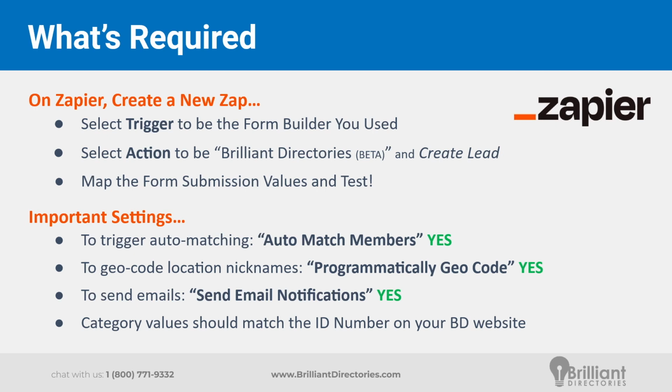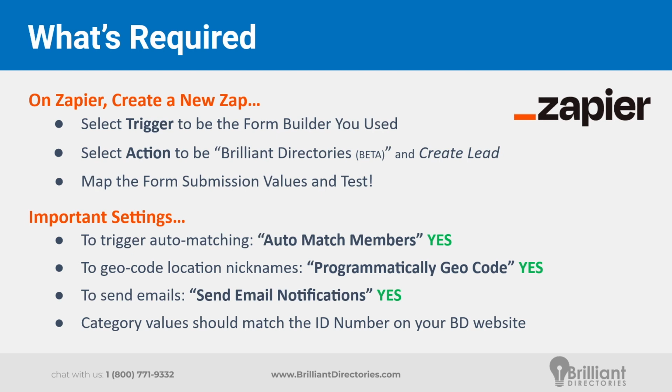That'll make sure that these leads from this third-party external source will also be able to be auto matched to your members. The other thing is, again, if you're asking for the submitter's location, you're going to want to set the option programmatically geocode to yes as well.